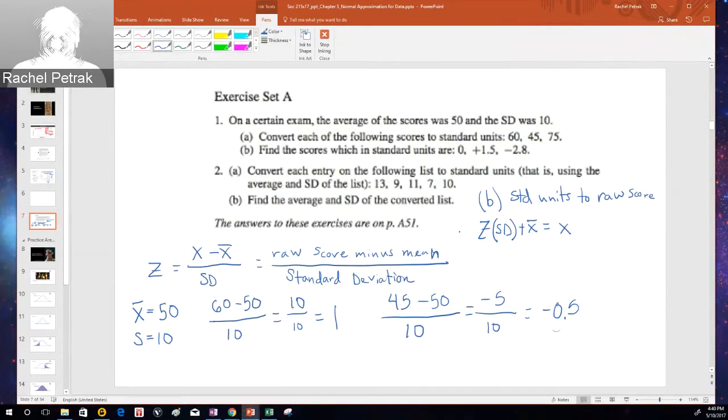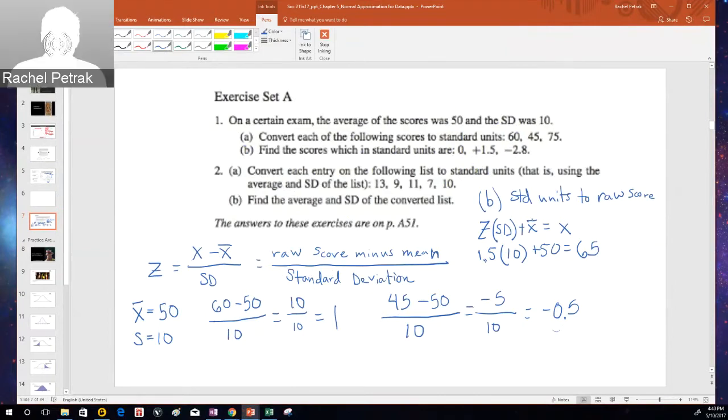We don't have to go through any of this math. But if we want to, let's practice one other one. We have 1.5 times our standard deviation of 10, plus the mean of 50. So 1.5 times 10 is 15, plus 50 is 65.